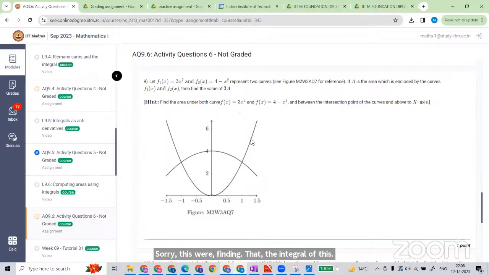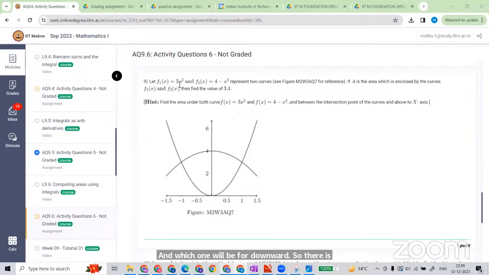First, can you explain this graph? Both show a quadratic. One is opening upward and another one is opening downward. Can you tell me which one is opening upward and which one is opening downward?